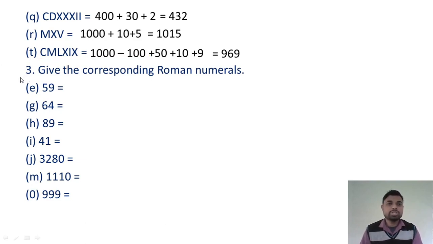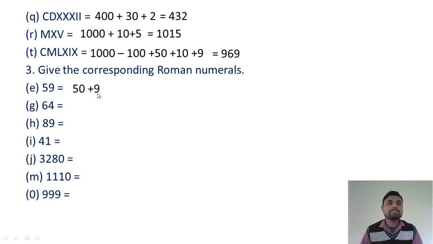Question number 3. Give the corresponding numerals. Okay, so here Hindu-Arabic numbers are given, you have to change them into Roman numerals. So dear students, first we will separate in this way. 59. Can we write 50 plus 9? Okay. So 50 means what?